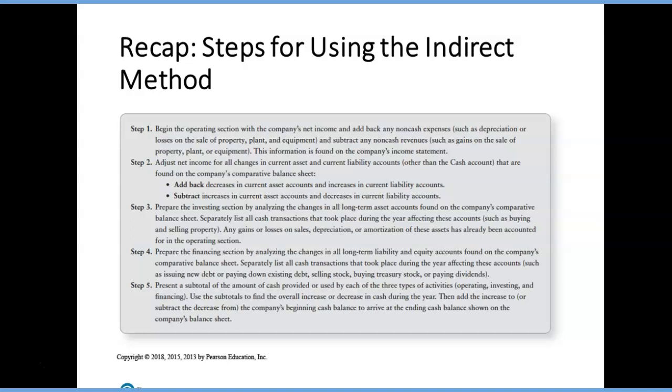So here are the steps that I think most students will find helpful. What I'm going to do with this particular chapter is demonstrate a complete preparation of a statement of cash flows using both the direct method and the indirect method. Your job this weekend will be to read the chapter thoroughly and be prepared for questions that we will be going over in class with your classwork activity, but also in our live lessons.